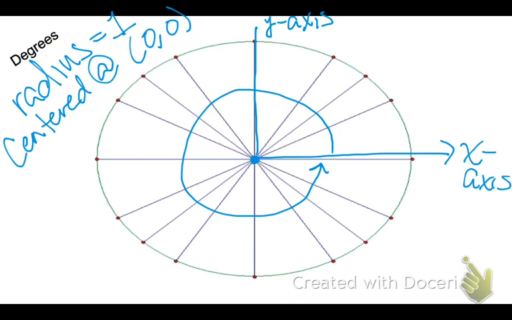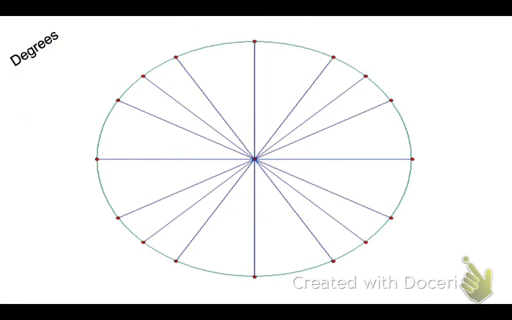A unit circle is made up of special segments. So first we're going to start with degrees. I mentioned this line here is as if we are starting from the x-axis. This is the positive x-axis. That is going to be our initial side. And then the rest of these lines that you see represent our terminal side.